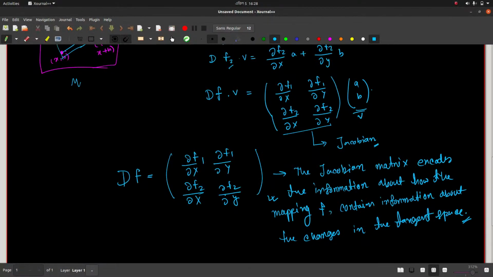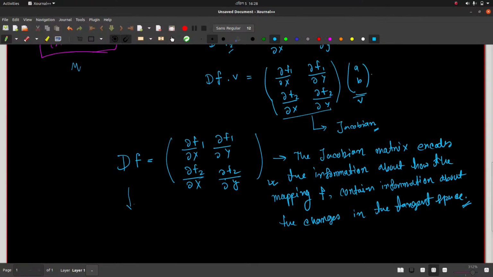So this will also be denoted as sometimes called a T of F. In fact, this will be the notation that we will be carrying throughout the lectures.